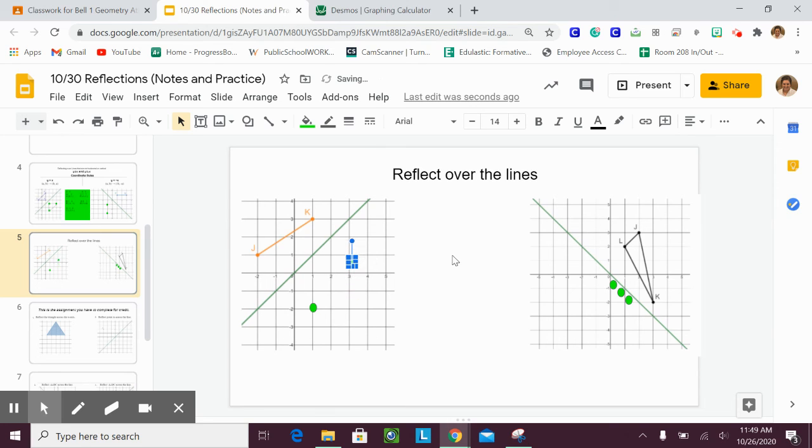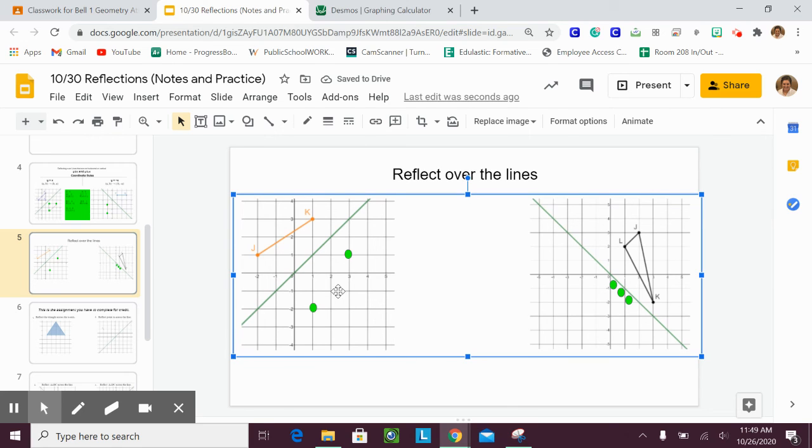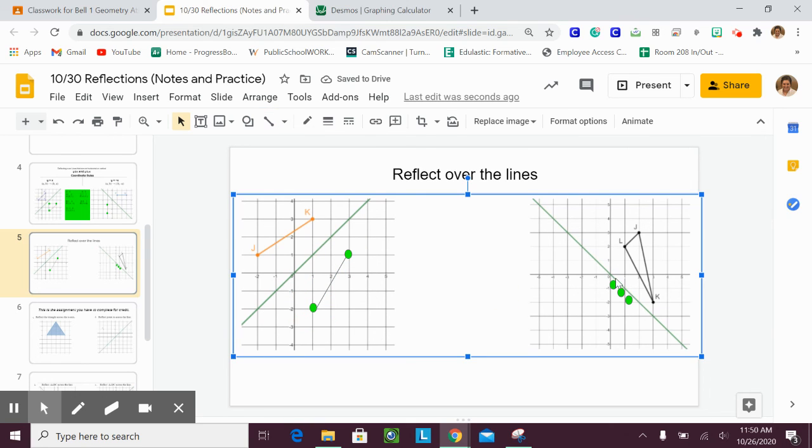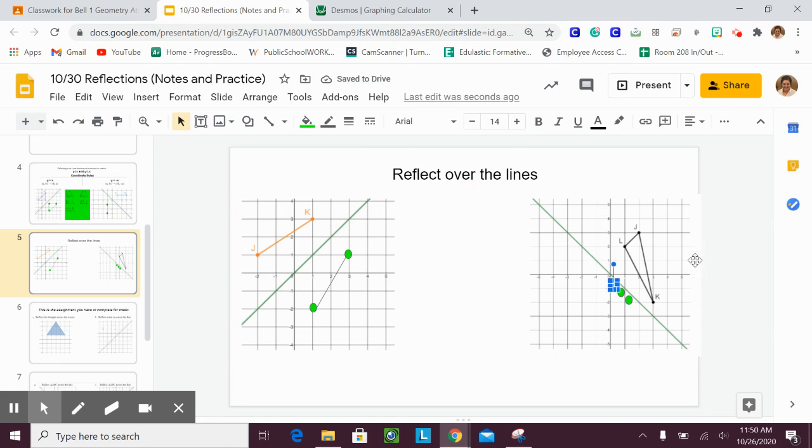Oh, wrong way. Not 3, 1, right there. So there's our new line. K prime, J prime. I'll make a line here.